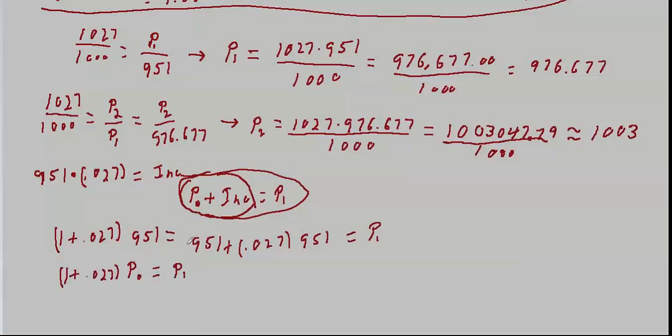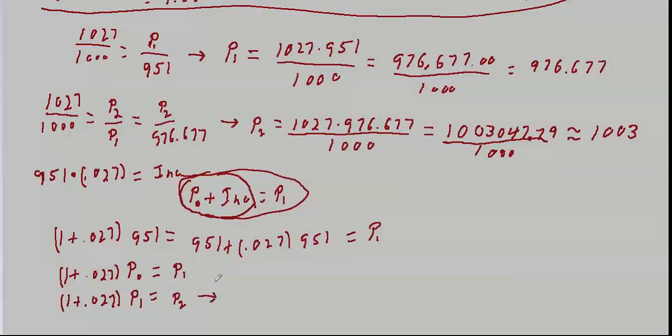What are we going to do next? Well, how about we take 1 plus 0.027 and multiply by P1. That'll give us P2. Well, that works just fine. But remember our substitution rule or transitivity, either one. Well, I guess I'd go with substitution at this point. That would make more sense, really. If I substitute this expression we have for P1 in here, what's our new expression going to be?